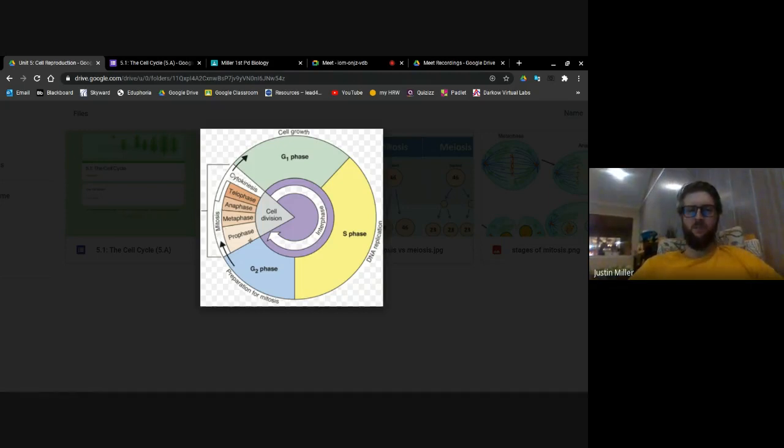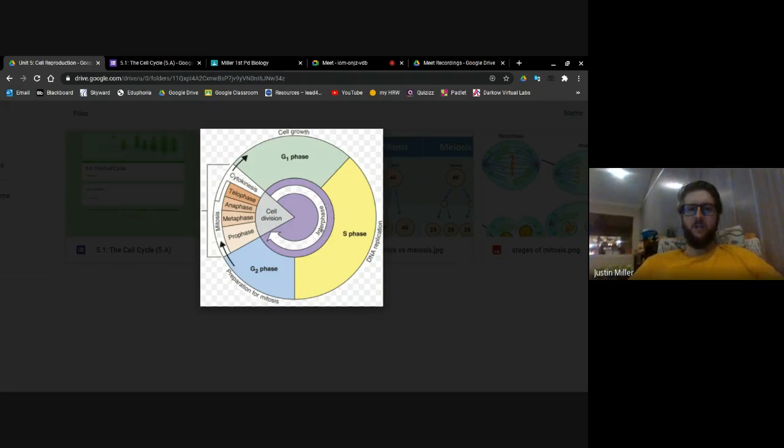But before we talk about that, I just want to make sure that you understand that G1, gap 1, S, synthesis, where DNA is doubled, and G2, gap 2, where the cell is preparing to divide and split in half, those three together are collectively known as what we call interphase.